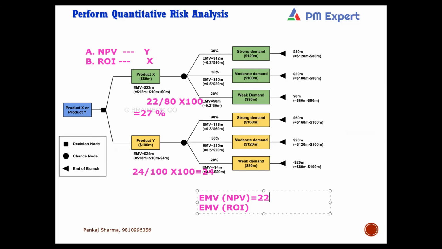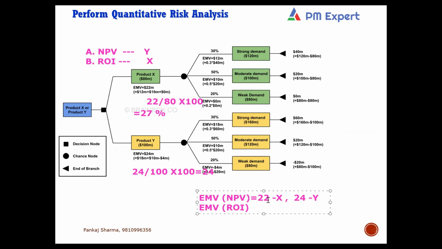22 million for the first one, X, and 24 for Y. Is that okay?